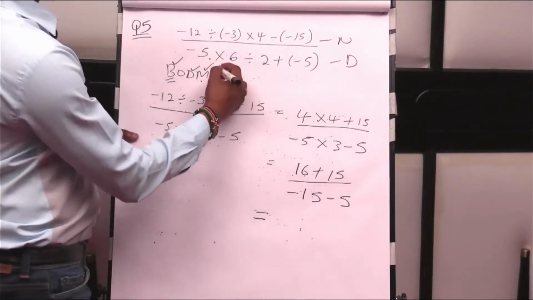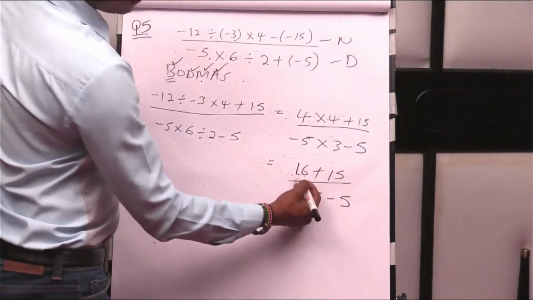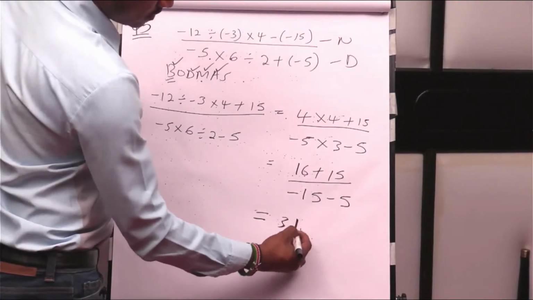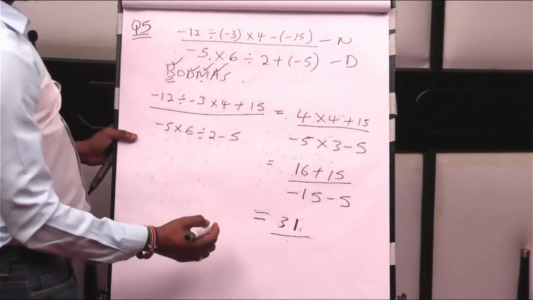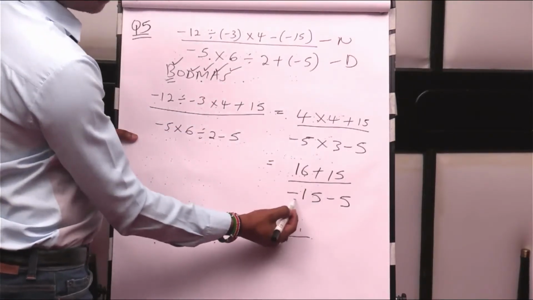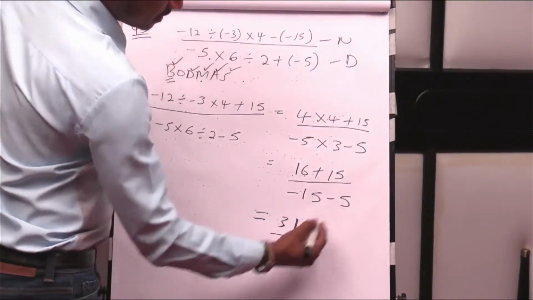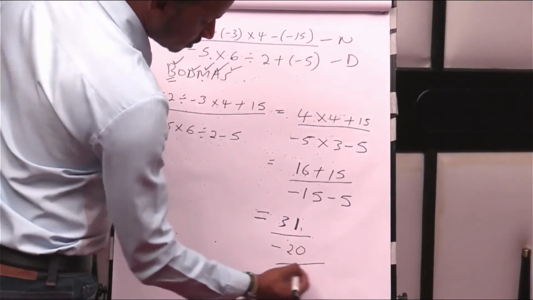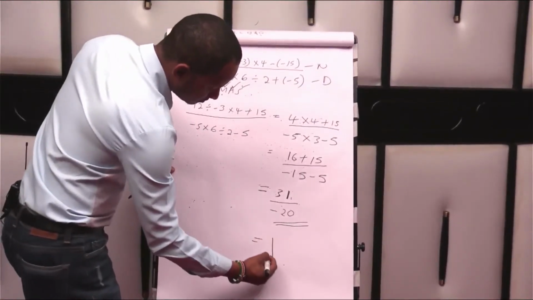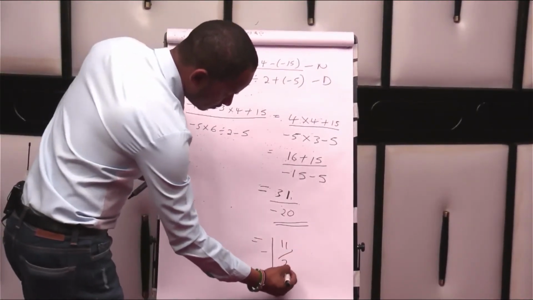Then addition: the numerator, 15 plus 16 is 31, over the denominator, minus 15 minus 5 is minus 20. So this is our answer. Or if you simplify it further, it becomes minus 1 and 11 over 20.